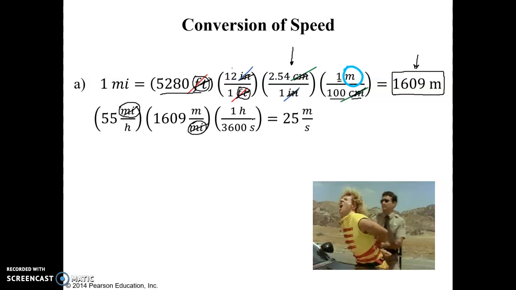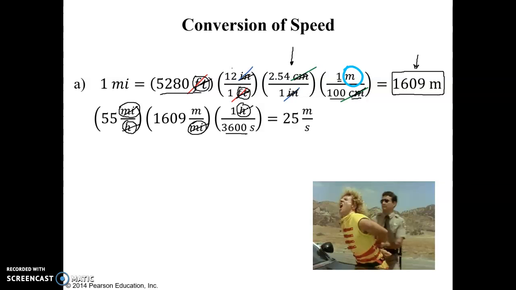So if we just multiplied by that, the miles would cancel out and we'd get meters per hour. But we want meters per second. So we now need to convert our hours. Okay, hours is on the bottom here, so we want to put it on the top over here, so that the hours on top cancels out the hours on the bottom. And 1 hour is 3,600 seconds, because there's 60 seconds in a minute, 60 minutes in an hour. 60 times 60 is 3,600.